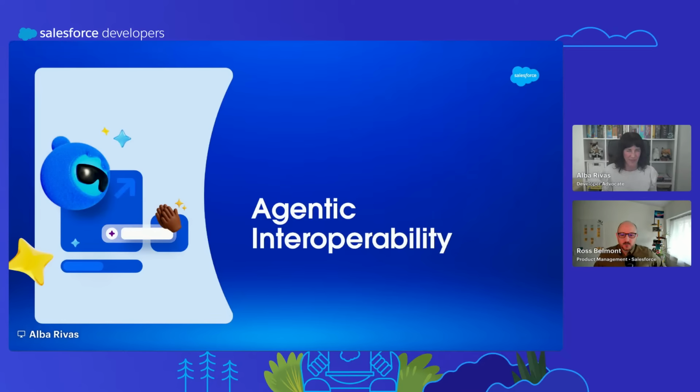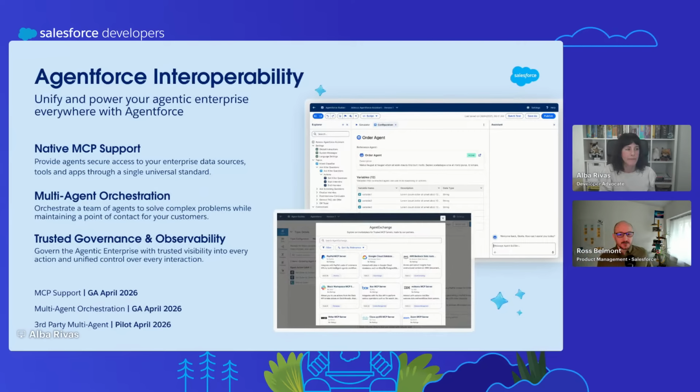Great. So we're talking in general today about agentic interoperability, and there actually have been some other recent AMAs on effectively the same topic, just different parts of it, because there's definitely multiple aspects to it. There's a lot going on in the world of agentic interop here at Salesforce.